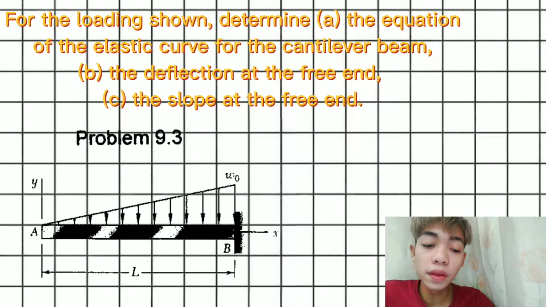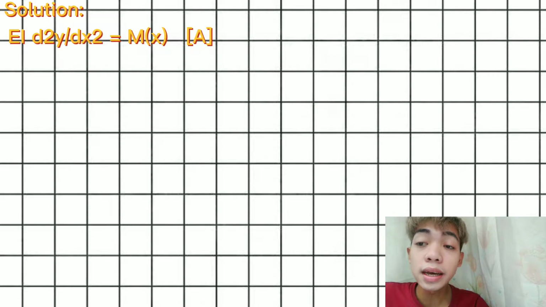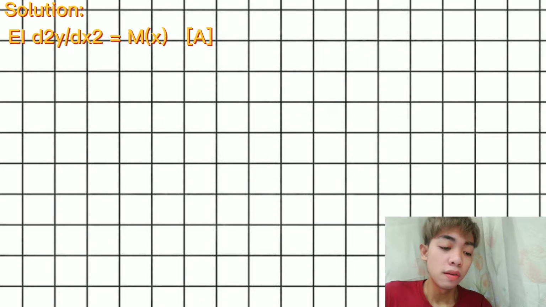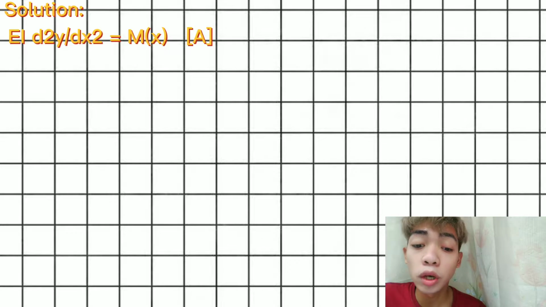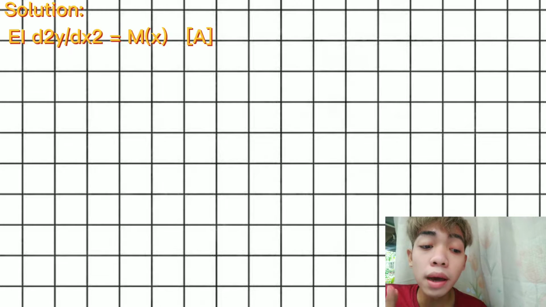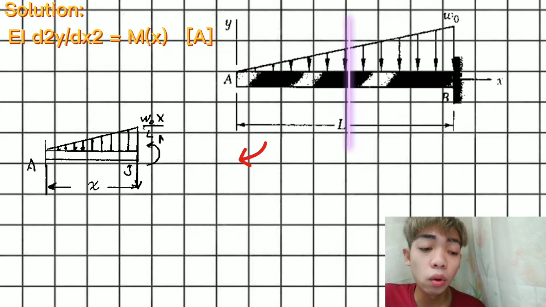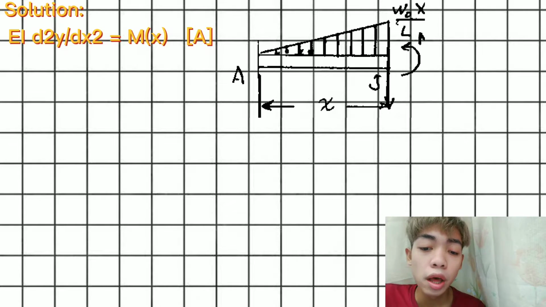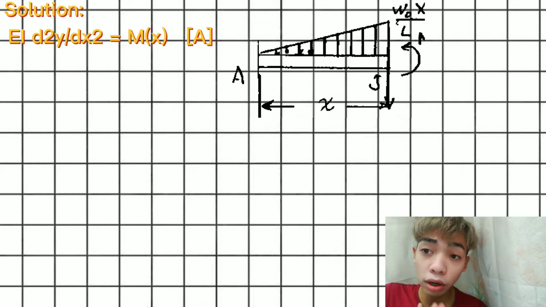In finding the elastic curve, we have the formula EI d squared y over dx squared equals M of x. First we will find the moment equation for this beam, and then we will cut the beam at any point. Let the distance from the free end be x, so the other part will be L minus x.